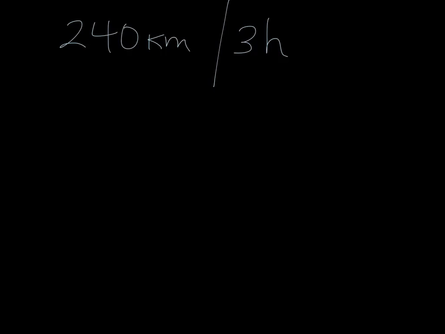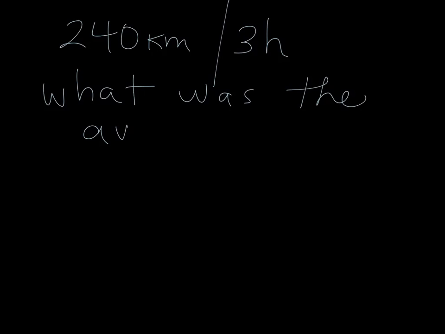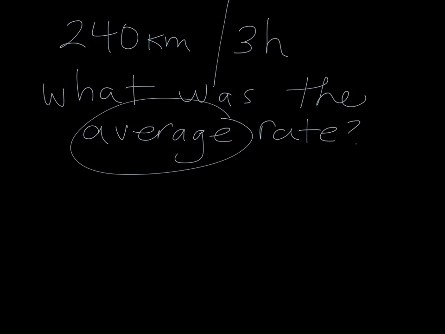If a question asks you what was the average rate, you'll see this language a lot. This average business. So what does it mean to find the average? It means to find what you would do per one. So in this case, in 1 hour, what did I drive?